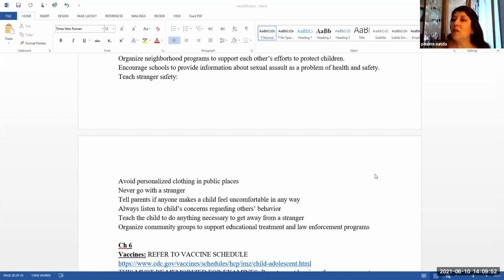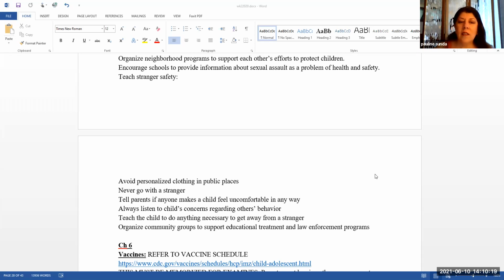It's fine to put their names and the phone number on the inside of the clothing in case they get lost, but you really don't want it on the outside of their clothing, because it's very easy for a stranger to walk up to a child, read the name on their clothing, and just say, "Hello, Pauline." And if I have Pauline on my name, I'm going to think that I know who they are, when the reality is they just read my name.